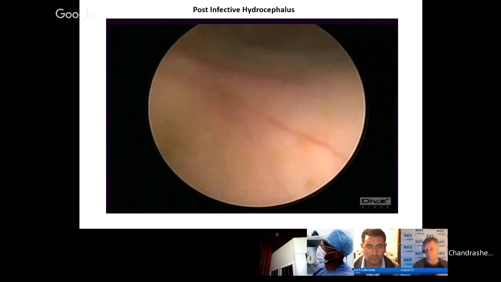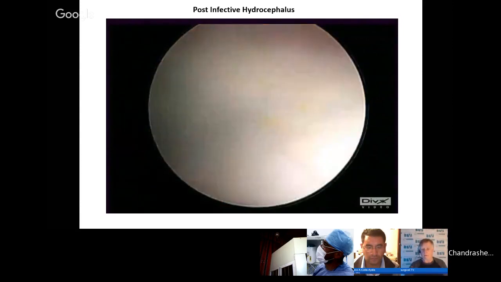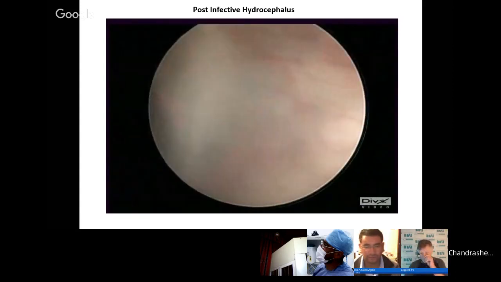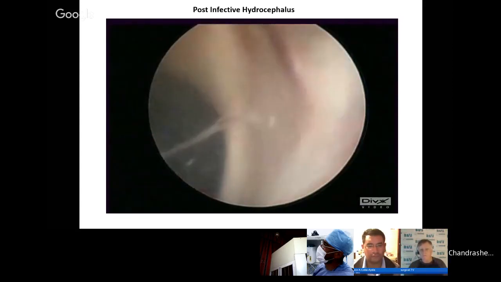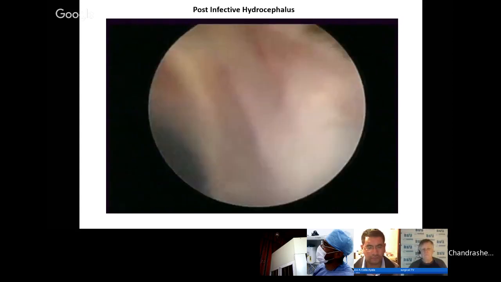This is a post-infective patient, and these are some of the patients which are seen in India and Africa very frequently. This is a tubercular meningitis patient. You can see some nodules, you can see some adhesions, like what you are seeing here in the foramen of Monro.